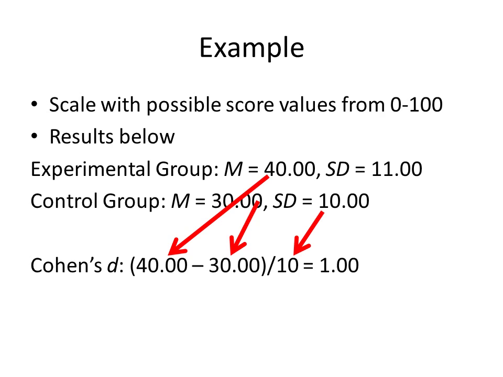So let's say that researcher A uses a scale with possible score values from 0 to 100, and these were the results. So you see the experimental group has the mean and the standard deviation, the control group has the mean and the standard deviation, and then you subtract the control group mean, which is 30, from the experimental group mean, which is 40.